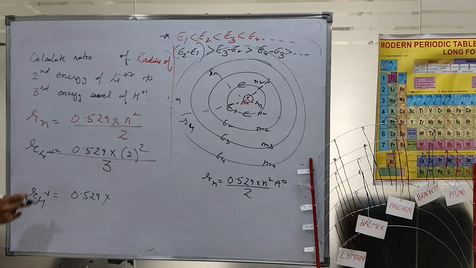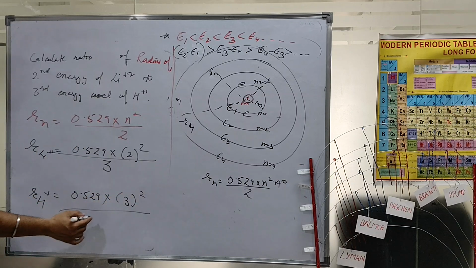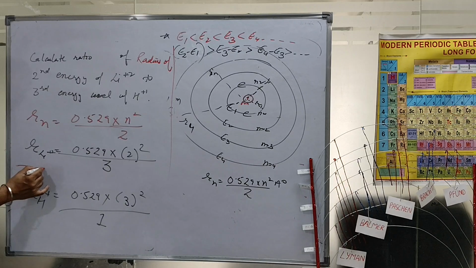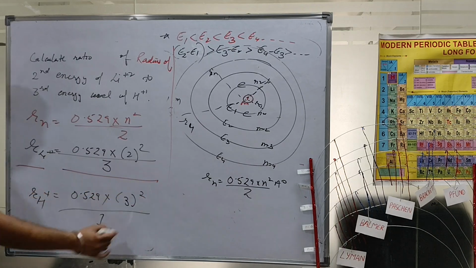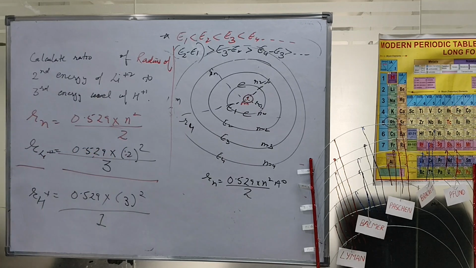So hydrogen third energy level and hydrogen atomic number is 1. तो ratio वाले क्वेश्चंस में we will not multiply the numerators, else we will divide to get the ratio, and these constant values they cancel.